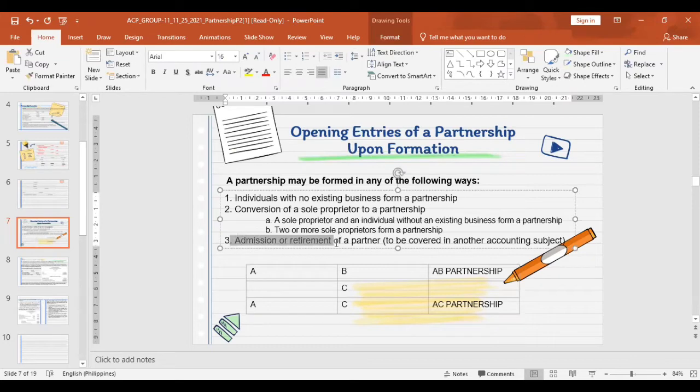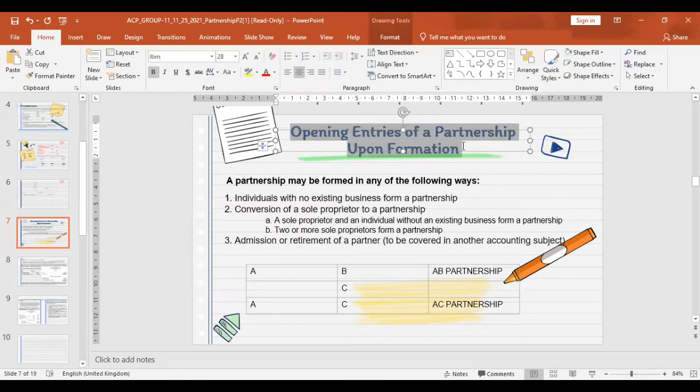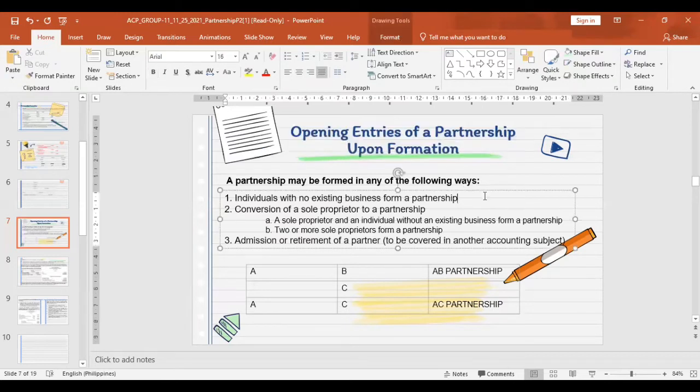Ito, admission or retirement of a partner to be covered by another accounting subject. So kung nag-retire na si B kasi binigay niya kay C, yung partnership niyo madi-dissolve na yun, then merong bagong partnership na form. So since bago naman yung partnership niyo, bagong entries na naman yun, bagong opening entries. So yun yung ibig sabihin ng opening entries of a partnership upon formation. Yan yung ibig sabihin ng number 3.